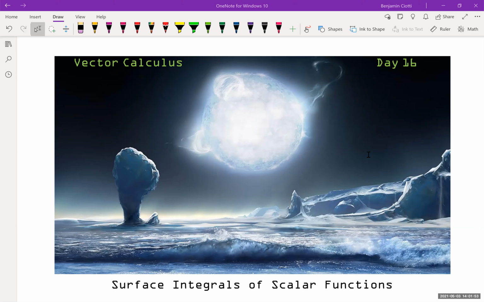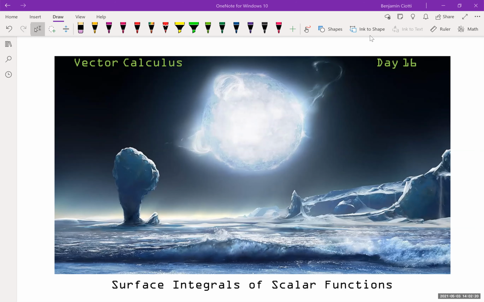So all the different things you could do on surfaces include parameterize them, find their area. Now we're integrating scalar functions over surfaces. You might even be able to guess what we're going to do in the next lecture, which is integrate vector functions over surfaces. But that's not for today. Today, I just want to do a couple problems related to integrals of scalar functions.